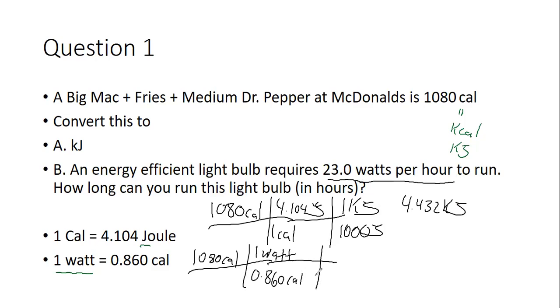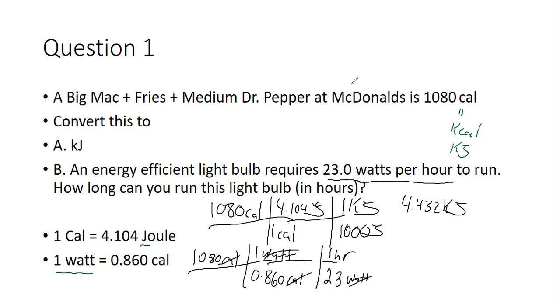Then how much energy does a bulb take? There are 23 watts for every 1 hour. So that's how much energy a light bulb takes. And if I look at my train tracks, right, calories have canceled out, watts have canceled out. I'm left in a unit of hours, which probably means that I did my conversion right.